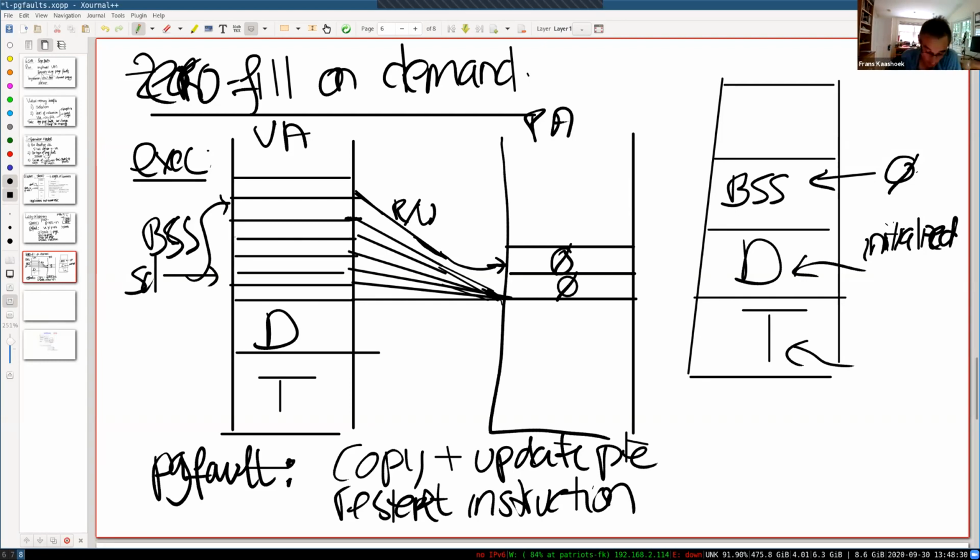Certainly we have added the cost of the page fault. How much is the cost of the page fault? How should we think about that? Is that comparable to a store instruction, or is it much more expensive? More expensive, right? Yeah, why?